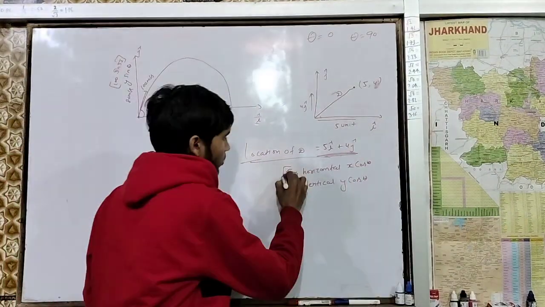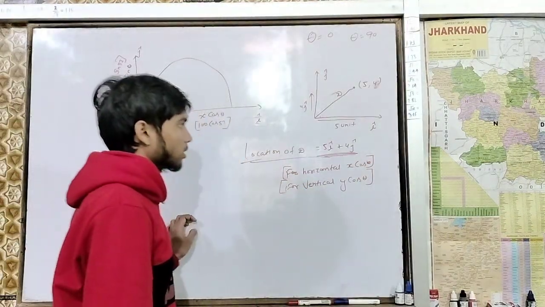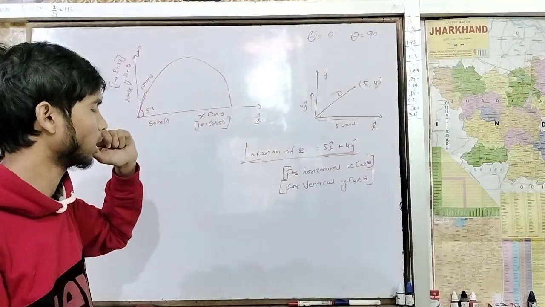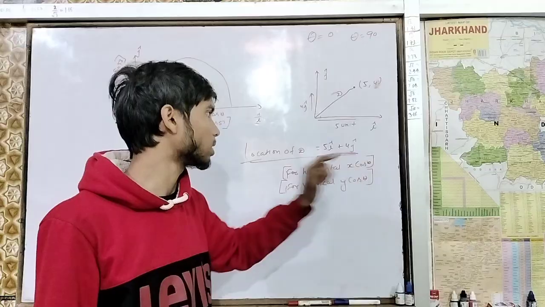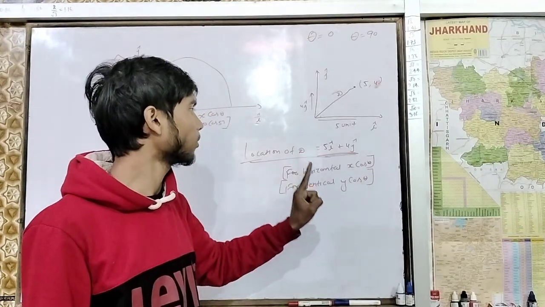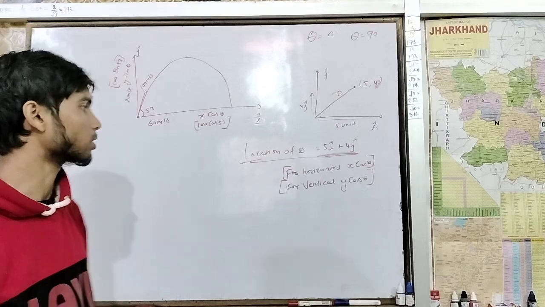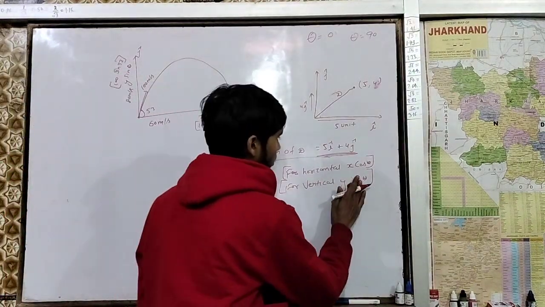We use these two things to calculate only one velocity at a time. If you want a velocity going horizontally, we use this. If you want a velocity going upward, we use this vertical y, not cos, this is sin theta.